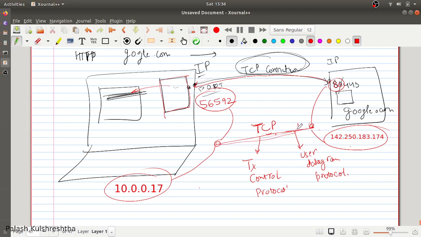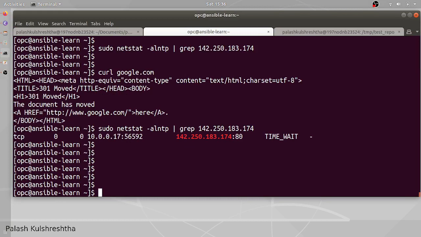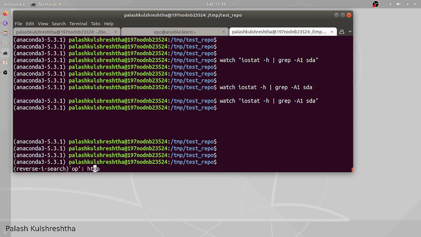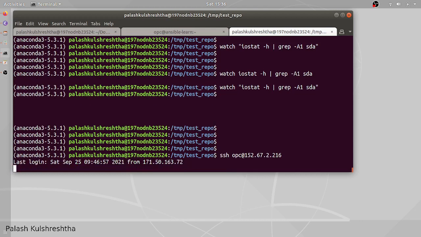Now let's try to find out what data is being sent on the TCP. Let's log into this server in another terminal, and run a command which is going to let us snoop or eavesdrop on the TCP connection between my system and google.com.